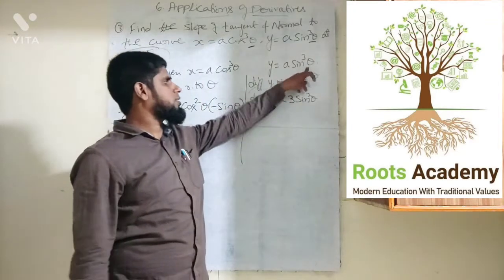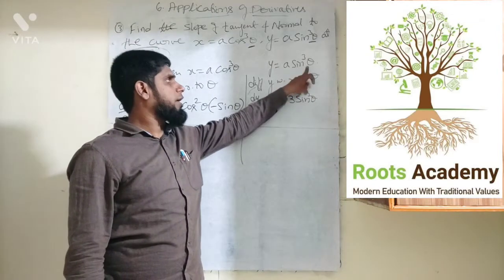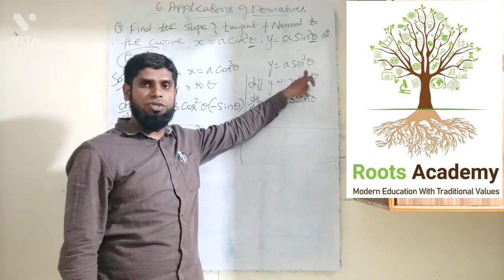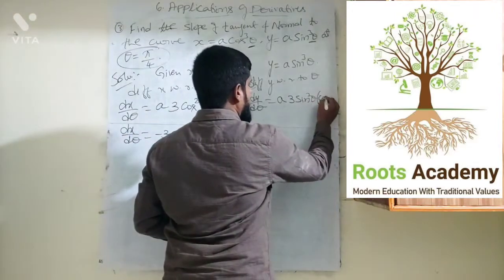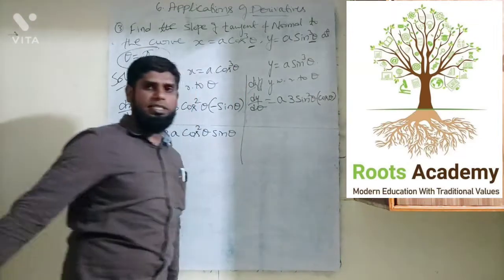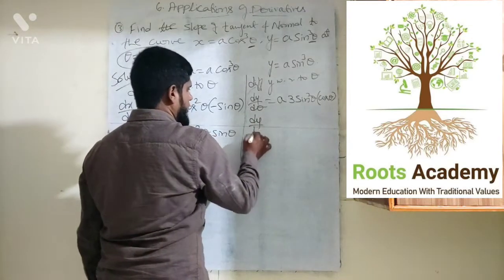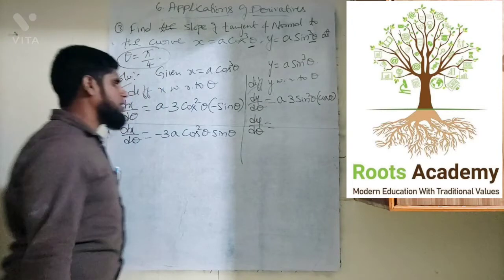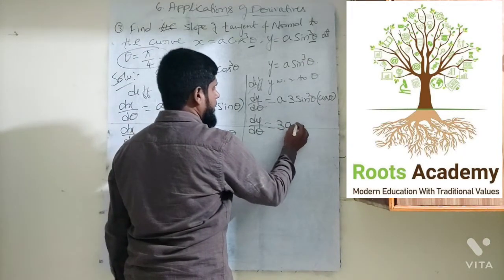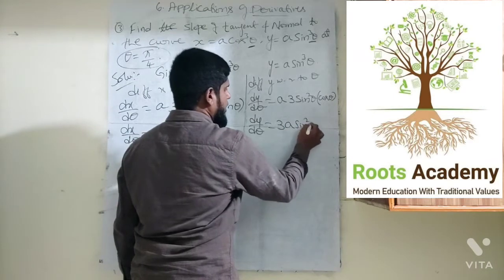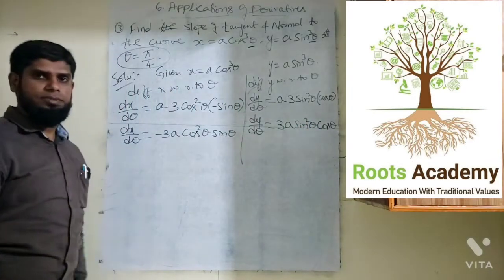Sin cube theta is 3 sin square theta. But here again sin itself is a function. Sin we should differentiate now. What is the derivative of sin? It is cos theta. So finally, our dy by d theta is equals to 3a sin square theta into cos theta.